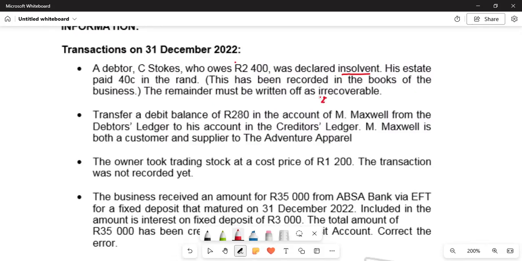That is the amount owed. And then we want the amount received, because that is what we are saying: a debtor who owes 2,400 was declared insolvent. So we are going to say 2,400 multiplied by 40%.